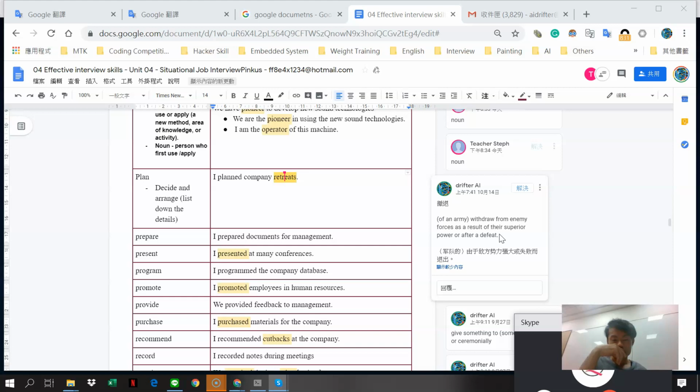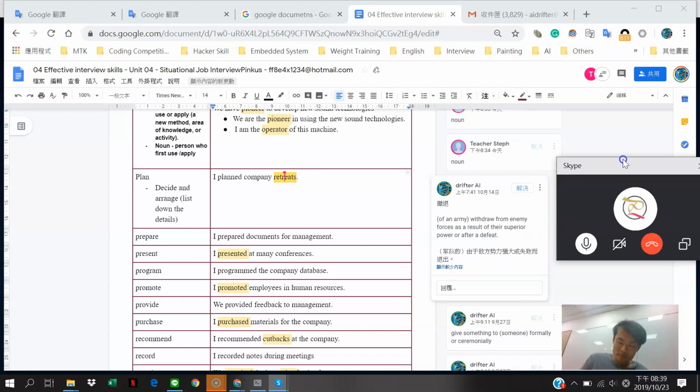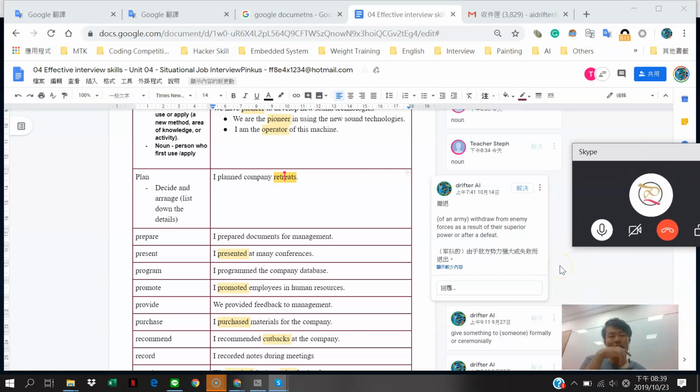Okay, so that's why the word retreat is very important, especially to armies or soldiers. But I'm not sure about the company's retreat, because nobody will kill your employees. So what is the meaning of company's retreat? It's like the company will gather... gathering.